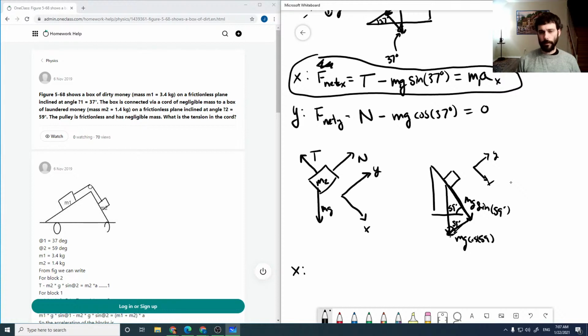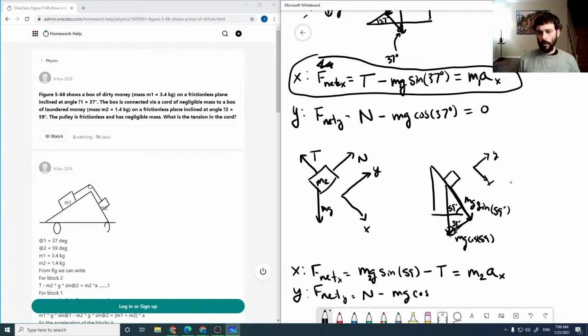So if we look at our x force, our F net x is m2g sine 59 minus our tension, so our tension goes in the opposite direction, is equal to m2 times our acceleration. And again, just for completeness, our F net y will just relate our surface normal to our mg force. Okay.